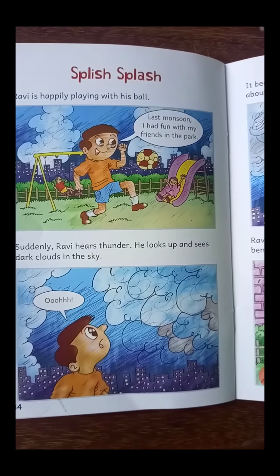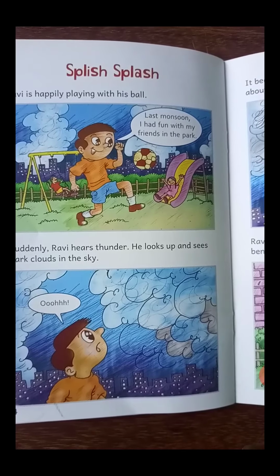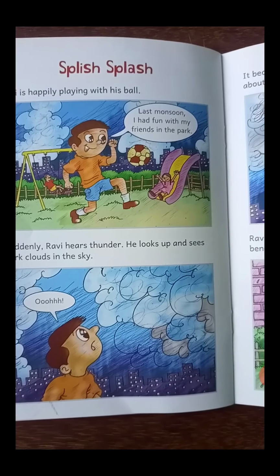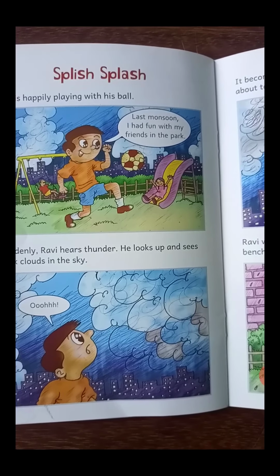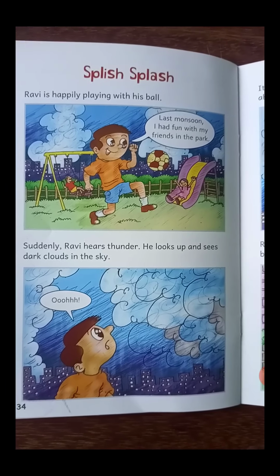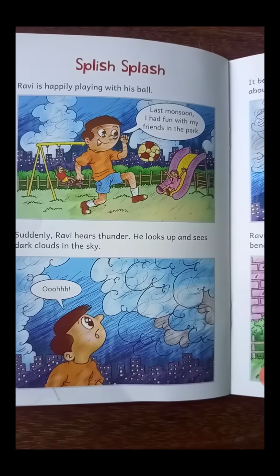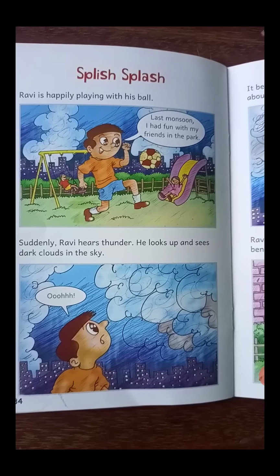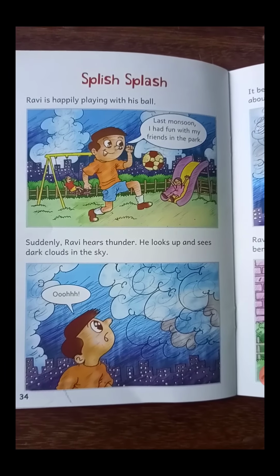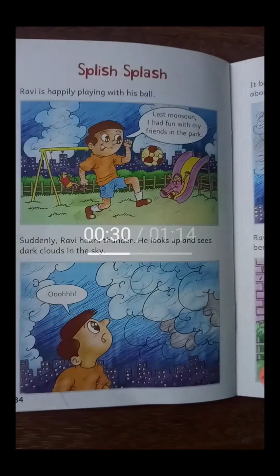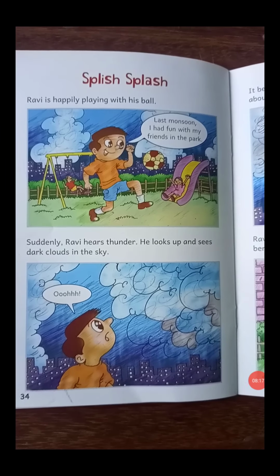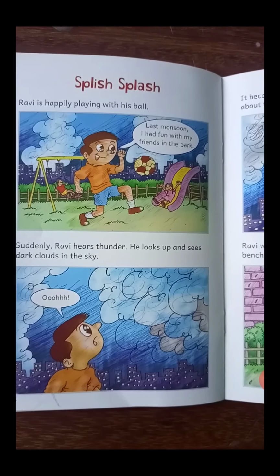Ravi is happily playing with his ball. Last monsoon, I had fun with my friends in the park. Suddenly, Ravi hears thunder. He looks up and sees dark clouds in the sky. Oh my God! The sky is full of clouds.